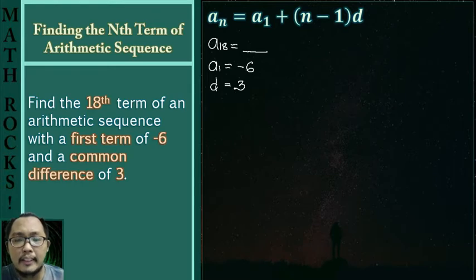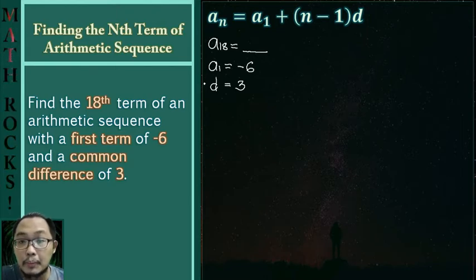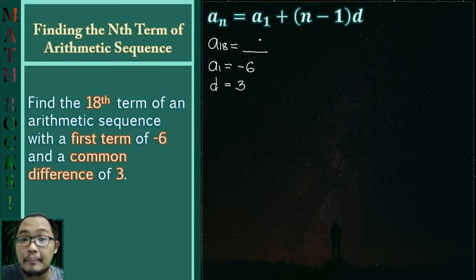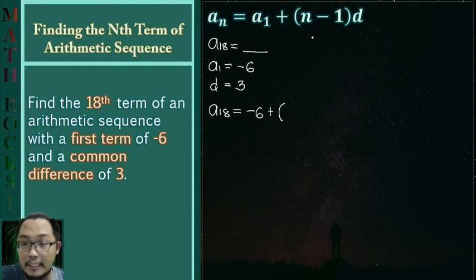Like I said, we will only be using the substitution property to replace all these variables with their respective values in our formula. Doing so, we have a sub n as a sub 18, and a sub 1, which has the value of negative 6. Here we have the quantity n minus 1.